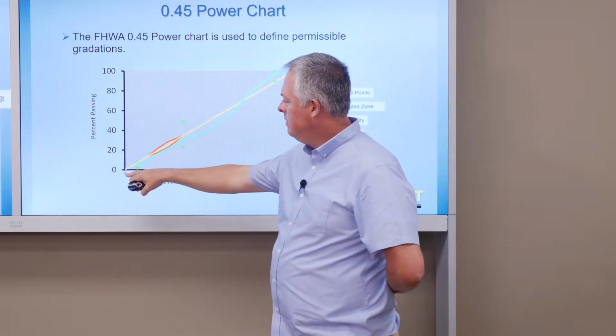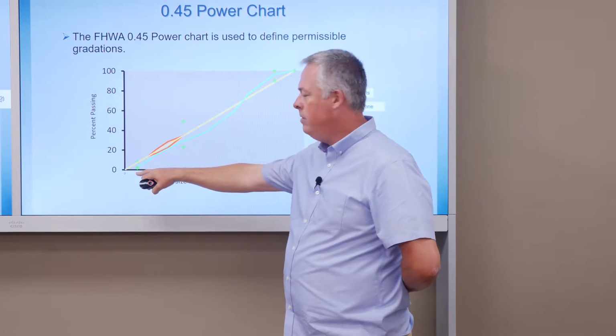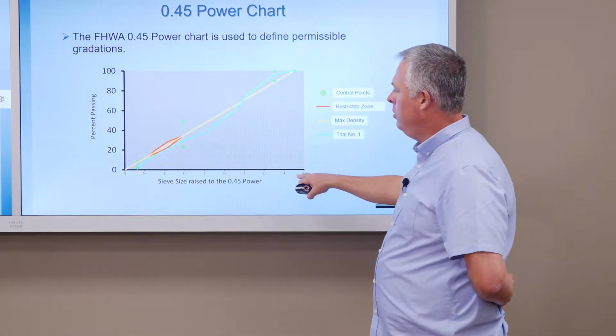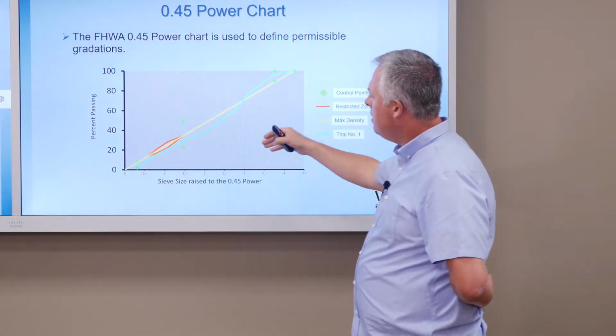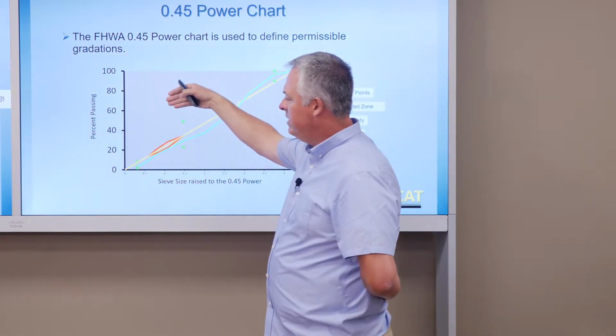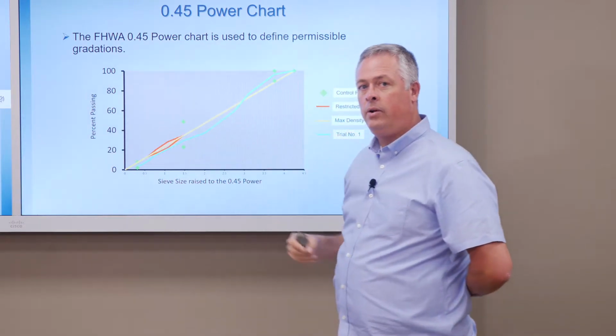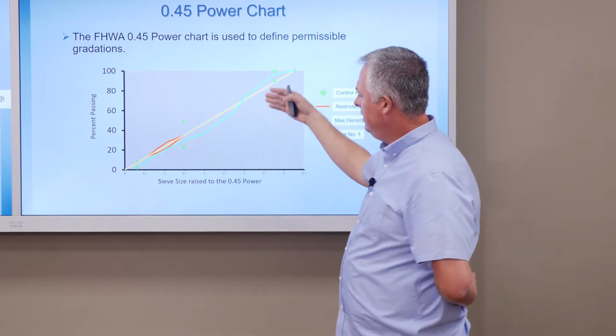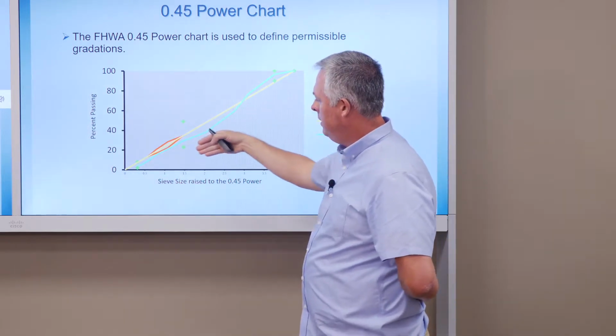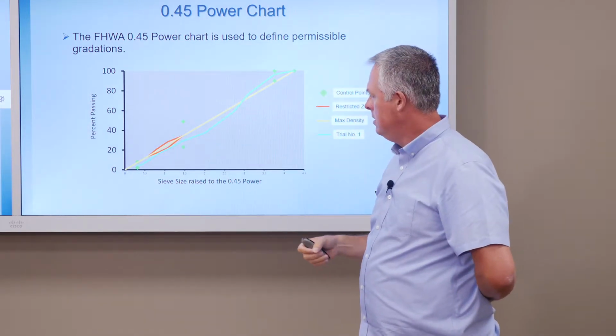Your finest sieve down here at the bottom would be your 200 sieve, all the way up to your 2-inch on this end. Anything on this side of the curve would be considered a coarse graded mix. Anything on the low side of the line would be considered a fine graded mix.